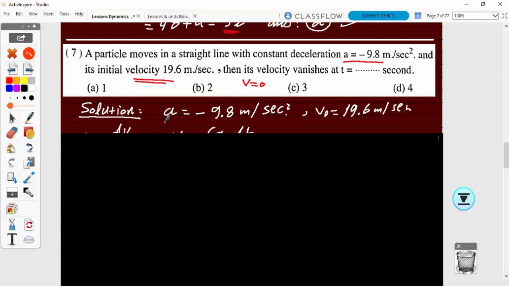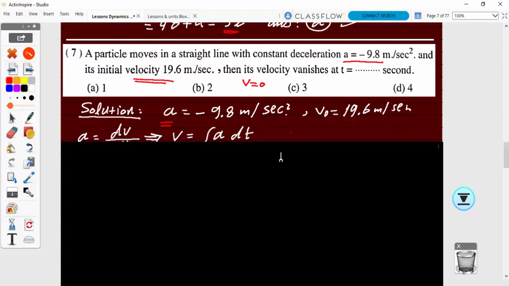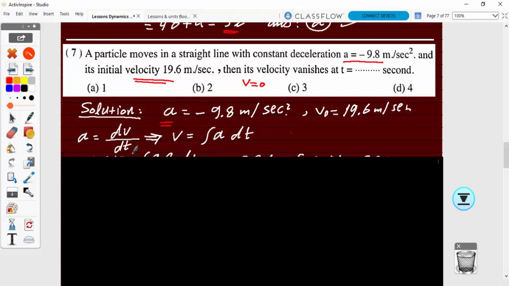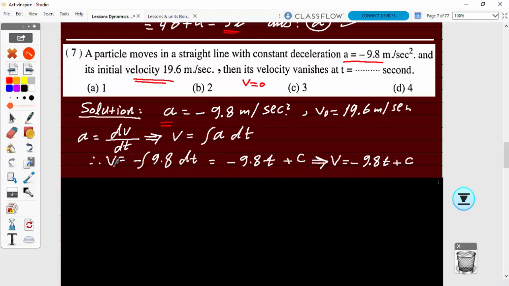So we write, we have a equals negative 9.8 meter per second squared. It is given. v naught at the beginning is the initial velocity. When t equals 0, v naught equals 19.6 meter per second. So we have this rule, a equals dv/dt. So v equals the integration of a dt, and v here equals negative.